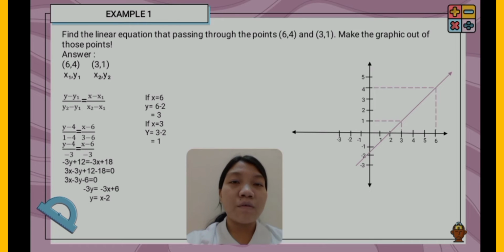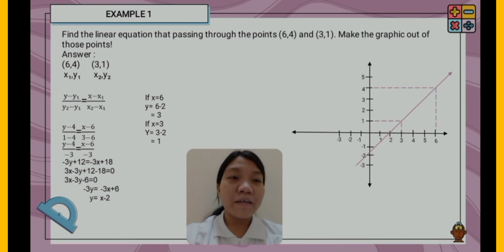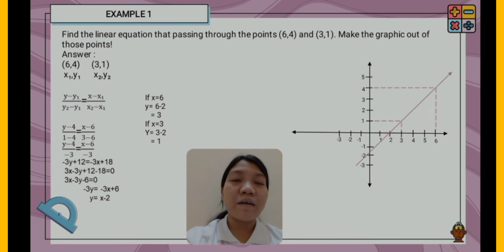So we get y minus 4 over 1 minus 4 equals x minus 6 over 3 minus 6. Then we cross multiply: y minus 4 with minus 3, and minus 3 with x minus 6.